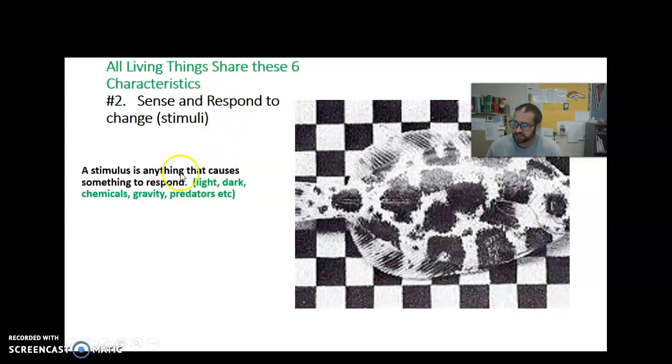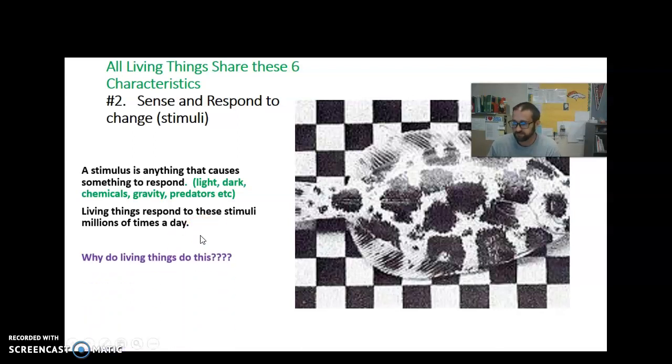So a stimulus, that's anything that causes something to respond. It could be light, darkness, could be chemicals, gravity, predators. Stimulus could be lots of things in the environment that cause you to act. So living things respond to stimuli millions of times a day. You do it all the time and you don't even realize it.